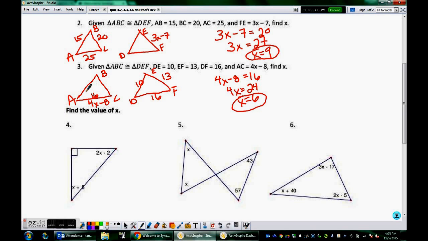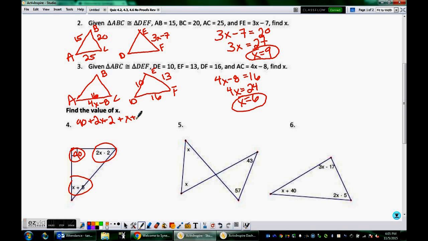If I instead give you the 3 angles in a triangle, this is going to lead to 4 through 6. The 3 angles in a triangle, remember, have to add up to 180. So when I look at number 4 here, I've got a 90-degree angle, a right angle there. The three interior angles have to add up to 180.